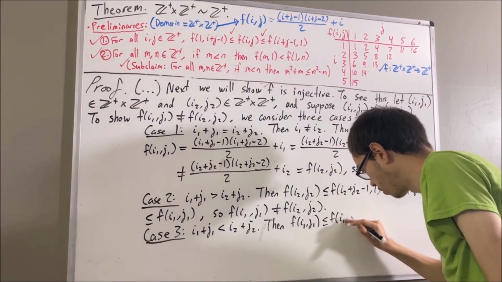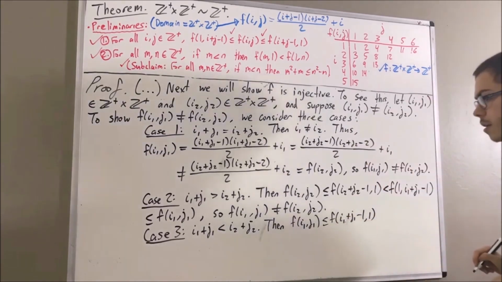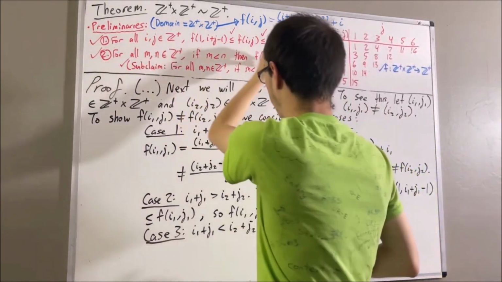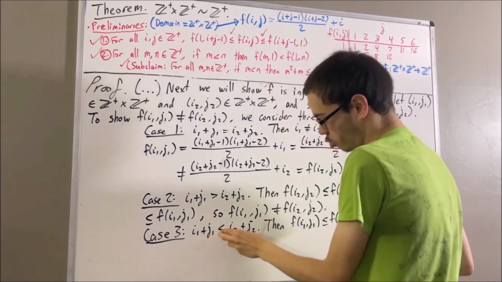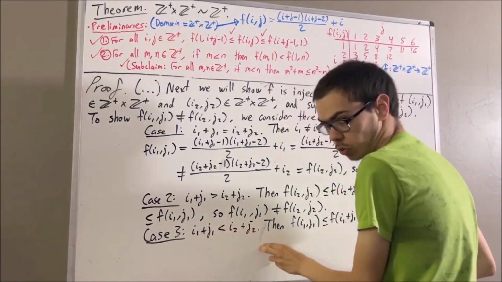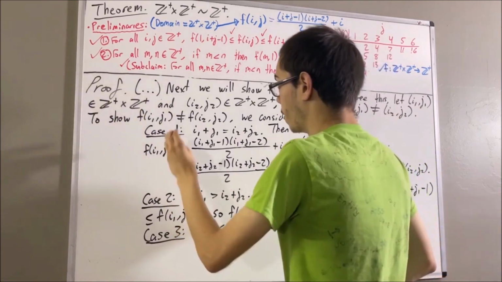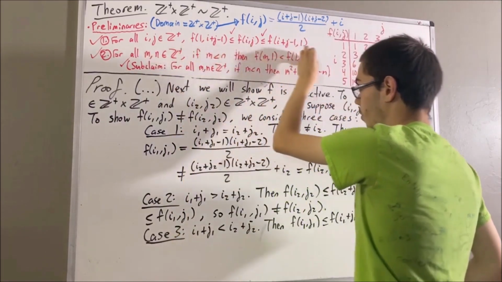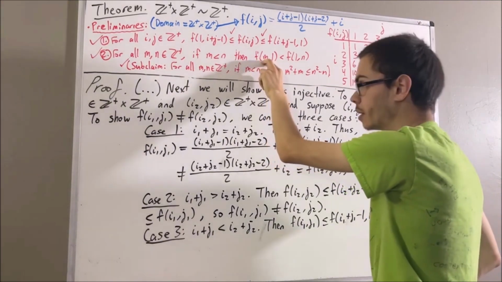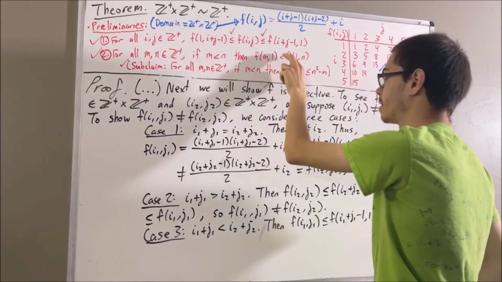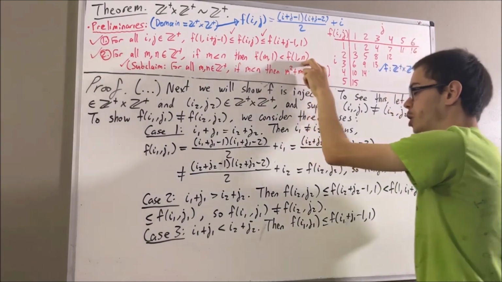But then, if we apply our second preliminary result, we know that I1 plus J1 minus 1 is strictly less than I2 plus J2 minus 1. Well, applying that to our second preliminary result, we have that f of I1 plus J1 minus 1, comma 1, is strictly less than f of 1, comma I2 plus J2 minus 1.